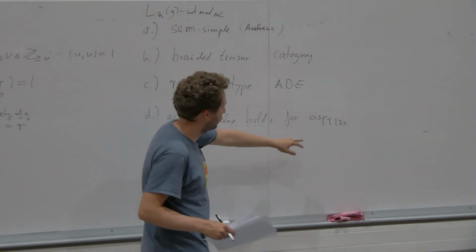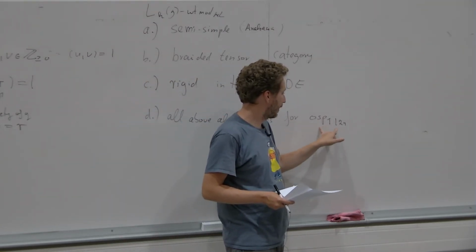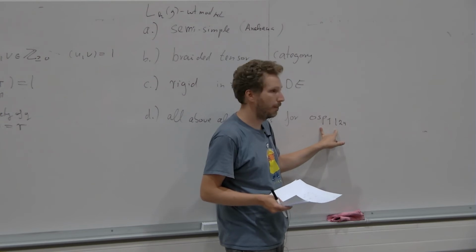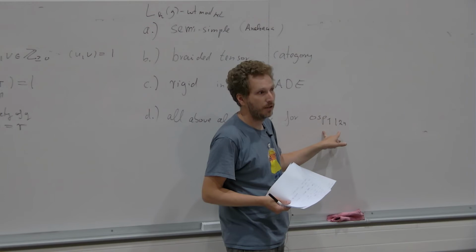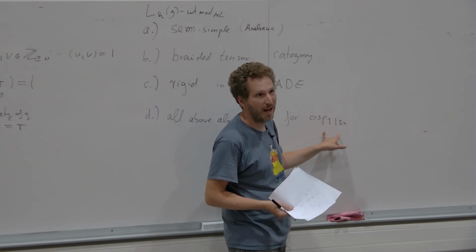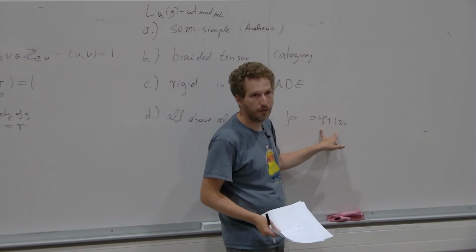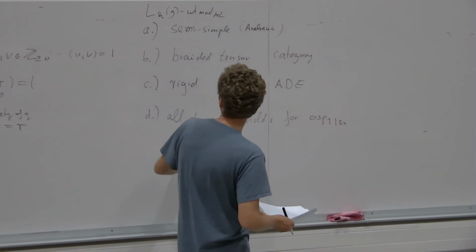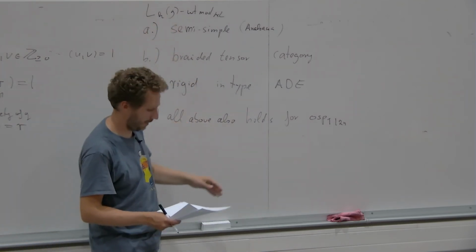It's this osp(1|2n). The main thing is that it has a unique invariant bilinear form that is positive definite. For a superalgebra, the bilinear form is always a supertrace, so you have a hard problem to make it definite. It turns out only on osp(1|2n) you can do it, and that's the key thing for this to behave in the same way. So we have proven this statement fairly recently.